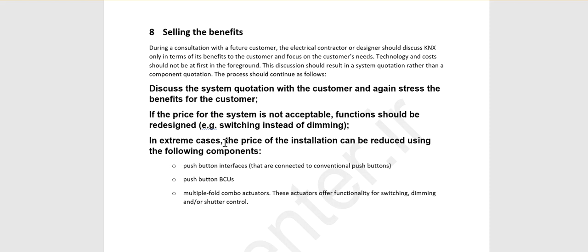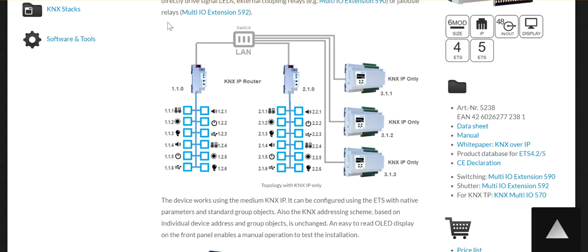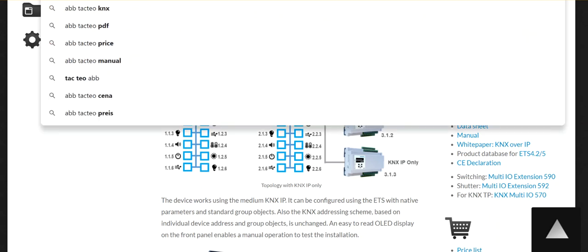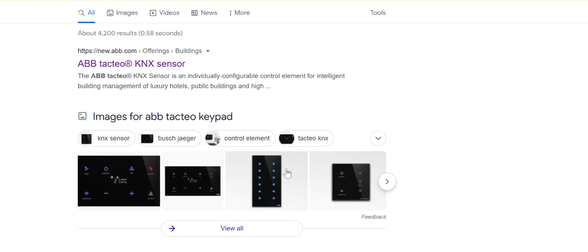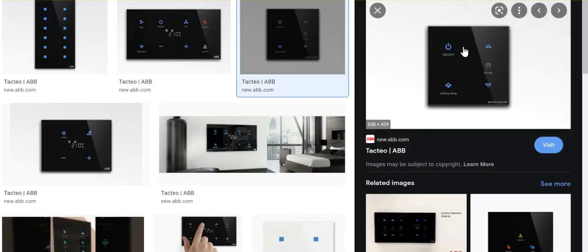For example, take some keypads in KNX. The tactile keypad from ABB is quite expensive. You can use this one as a four-channel, on-off, up and down for the blinds, and on-off. That's it.